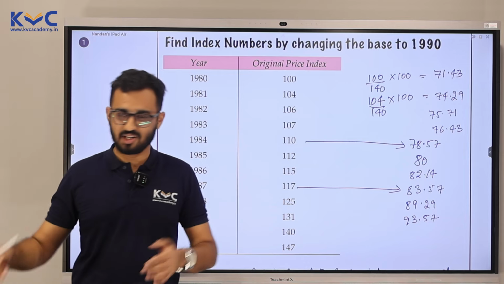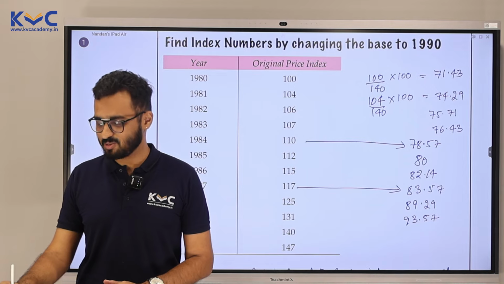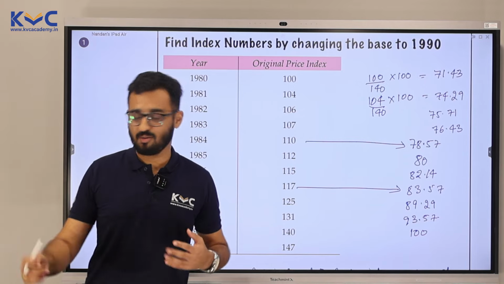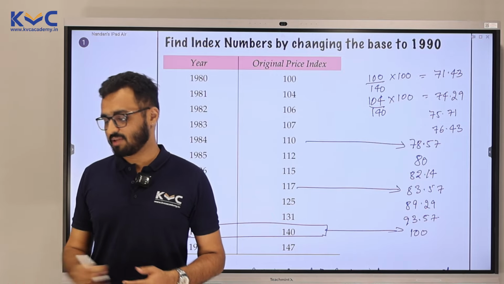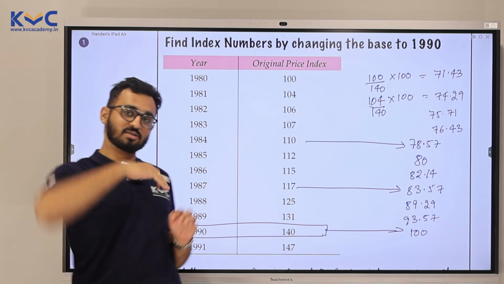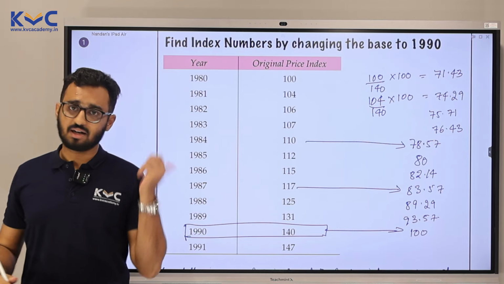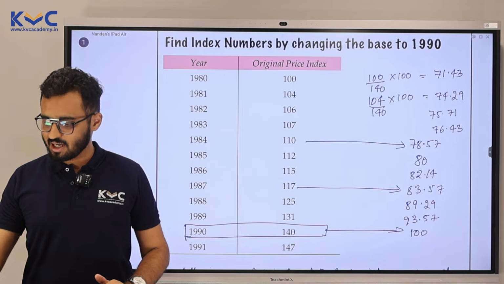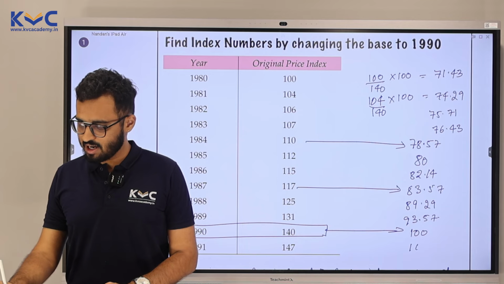That is the whole point. So 140 divided by 140 into 100 has to be 100, guys. I want to make 1990 the new base year, so I am equating 140 as 100. All the numbers will now recalculate and sit as numbers equivalent to 140 being 100. Next, 147 divided by 140 into 100 will be 105.